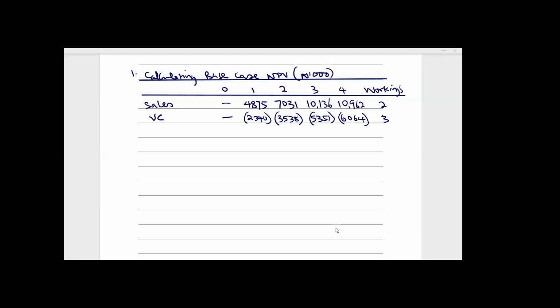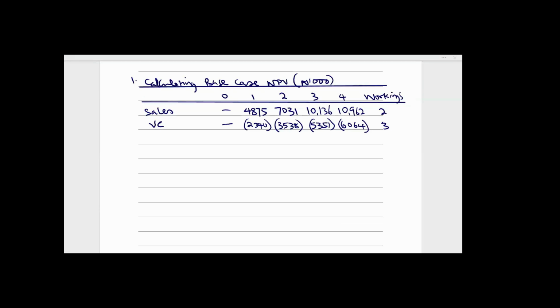That means 60% is not related to the project, because any cash flow that cannot be attributable to this project is not relevant. So we're only going to consider 40% of it.